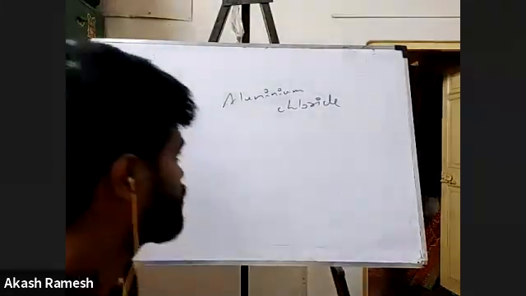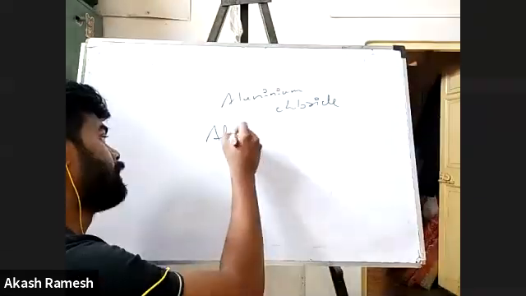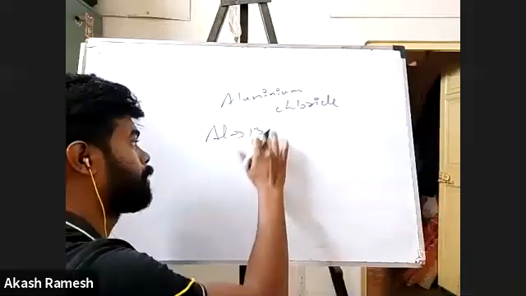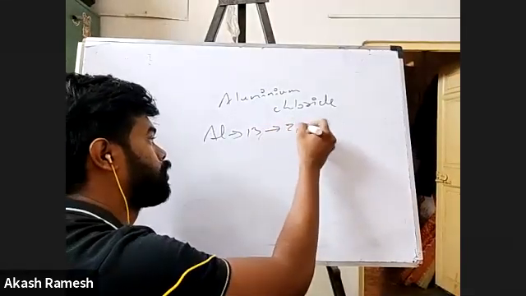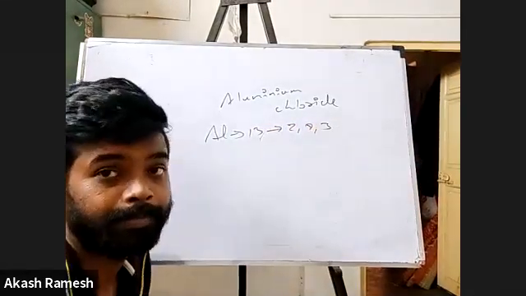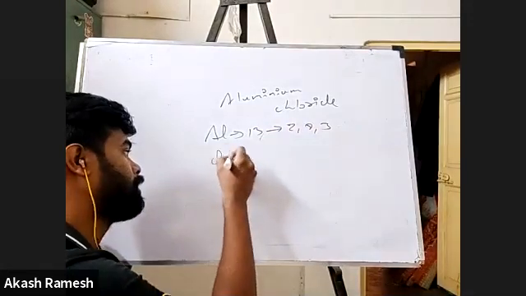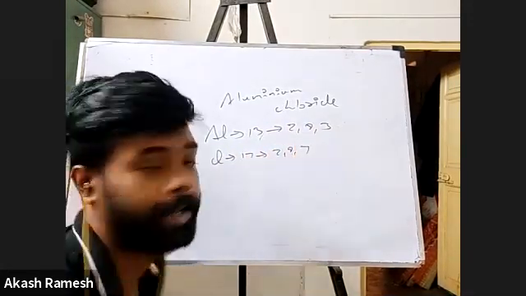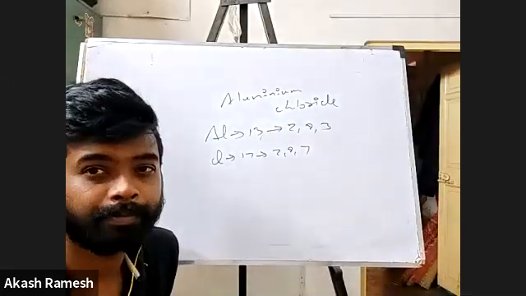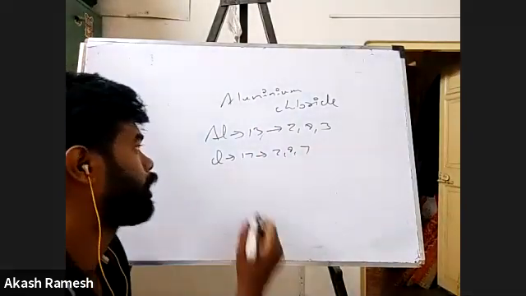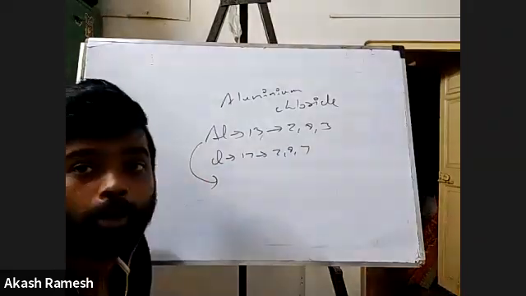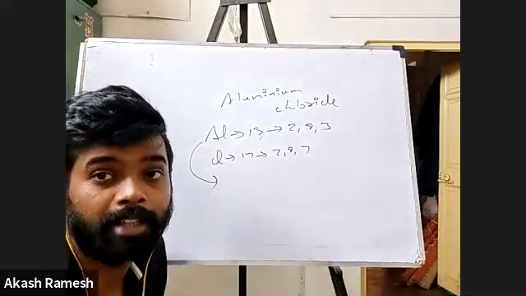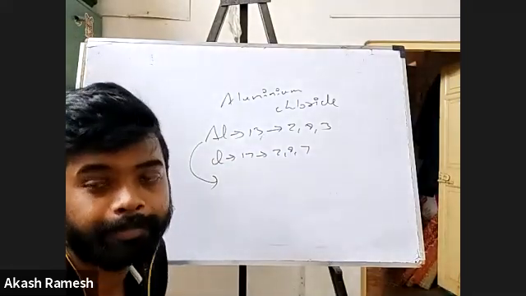Okay. So aluminium will have 13 as the atomic number, so it will have 2, 8, 3, and chlorine will have 17 as the atomic number, so it will have 2, 8, 7, right? Now for aluminium, to attain stability, in the sense that I have to go for octet, right?